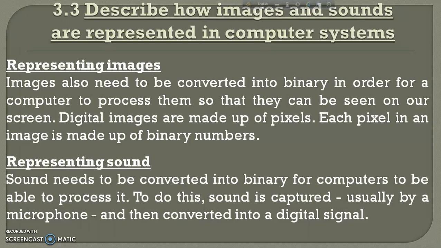Each pixel in an image is made up of binary numbers. Representing sound. Sound needs to be converted into binary for a computer to be able to process it. This sound is captured usually by a microphone and then converted into a digital signal.